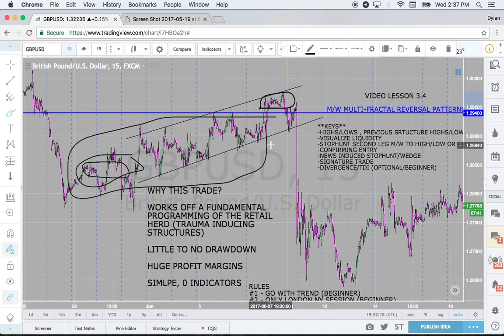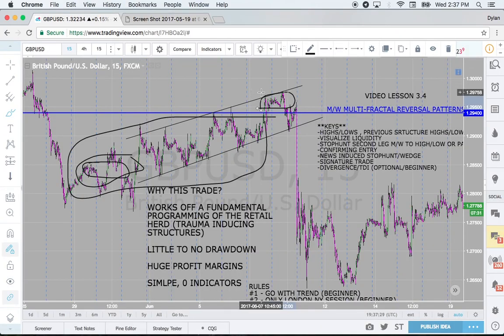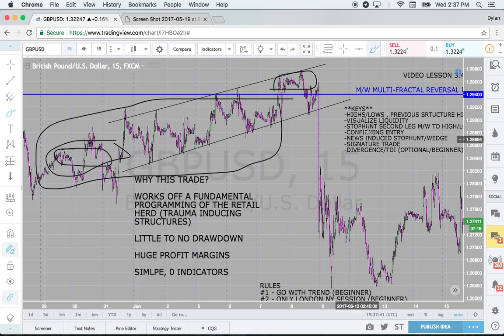What are they thinking when smart money is seizing the prize? What do they think when this massive move happens? This candlestick happened in less than 1 minute.